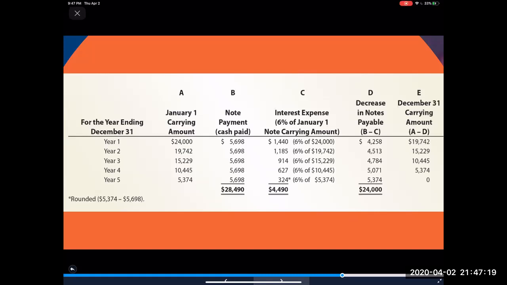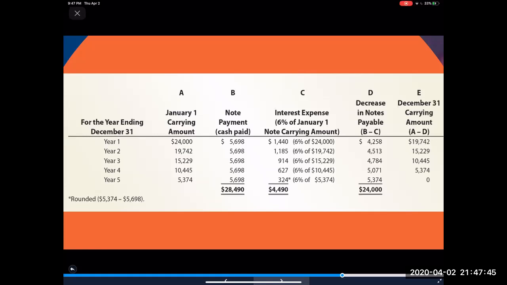You see in column A your carrying amount. What you should notice from this slide is that every single year you're still paying the full amount. Your payment amount doesn't change. Think about buying a car or buying a house. Your monthly payment does not change.